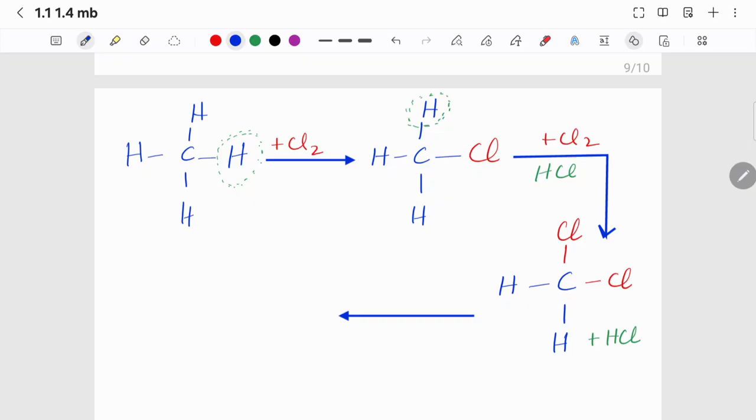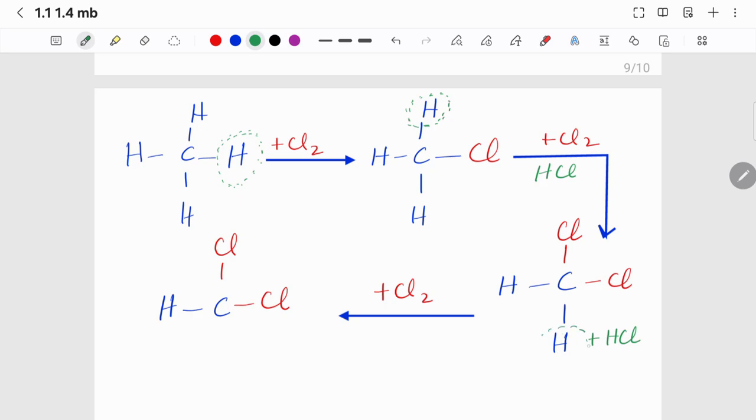Let's move further. I'm gonna add 1 more chlorine here. So 1 hydrogen will remain at its place. Already we have attached 2 chlorine with it.